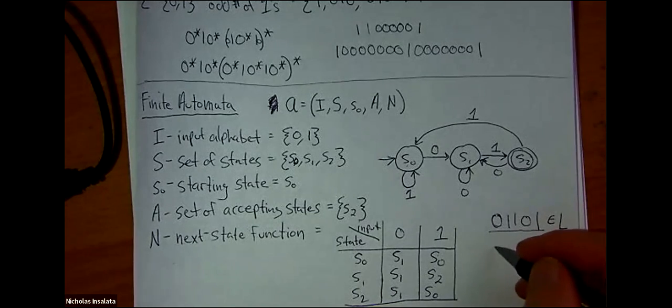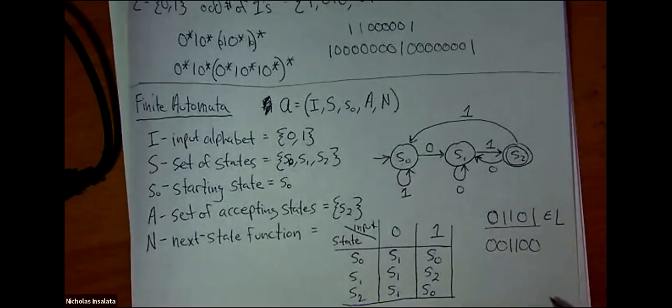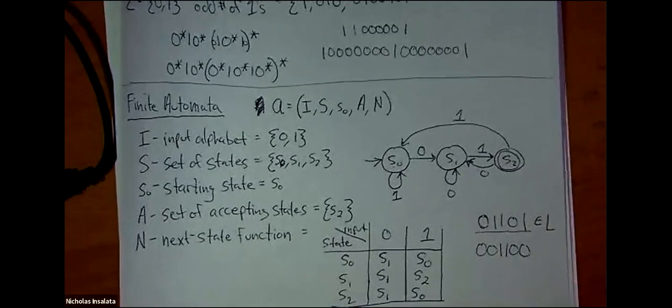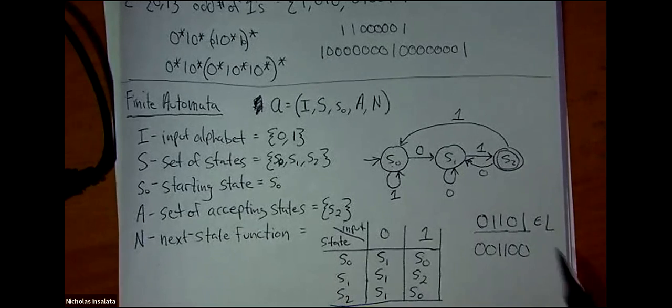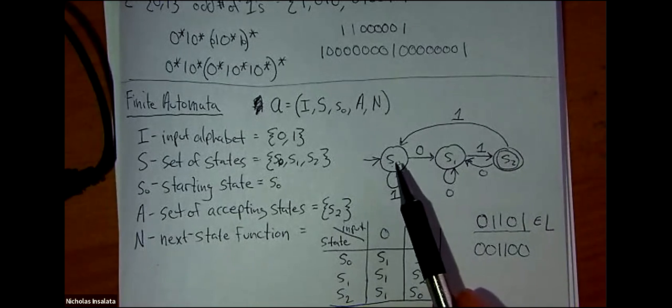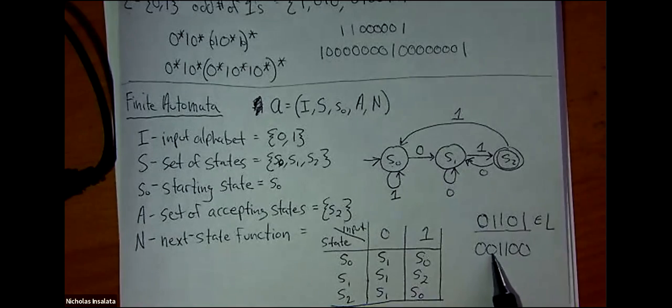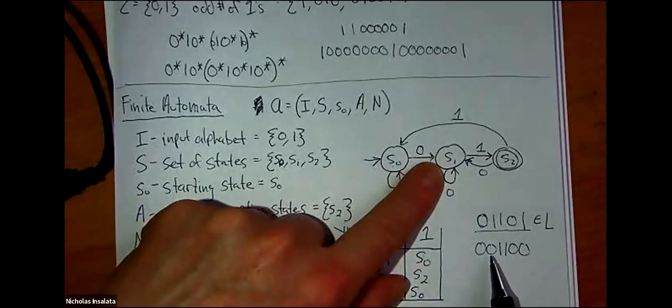How about 0, 0, 1, 1, 0, 0? Let's do that one. Let's see which states you go through. You start in state 0. Where do we go next? S1, okay? And from S1, on this symbol, where do you go next?